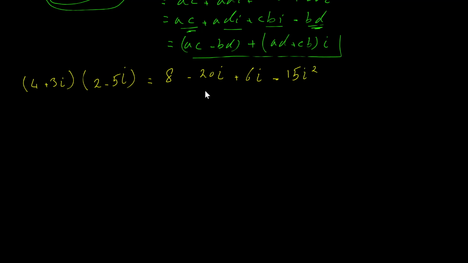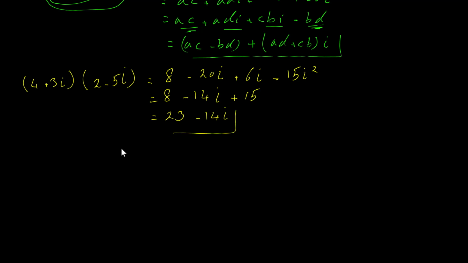All right, so these two we simplify, so 8 minus 14i, and then i squared is -1, so plus 15. 8 and 15 add up, so we will have 23 minus 14i, and that's the final answer.